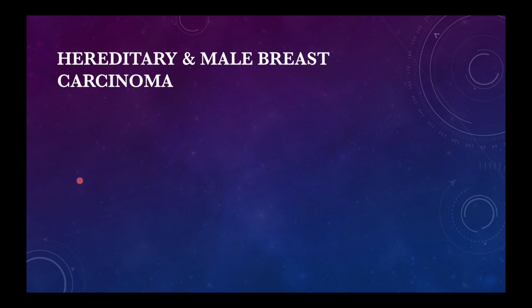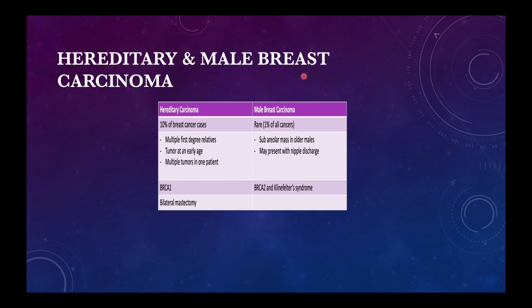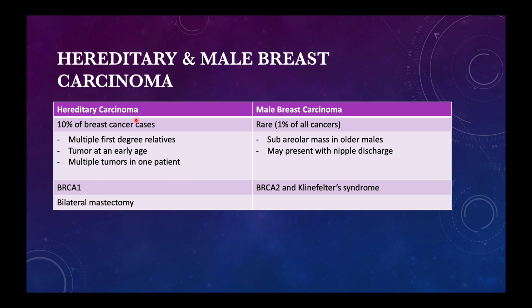So to end with a little summary of breast carcinoma, I know it's been a very long one, I'm sorry guys, but we're going to just quickly breeze through and talk about male breast carcinoma and hereditary carcinoma. So hereditary carcinoma is quite rare-ish, like 10% of breast cancer cases are associated with some sort of hereditary factor.